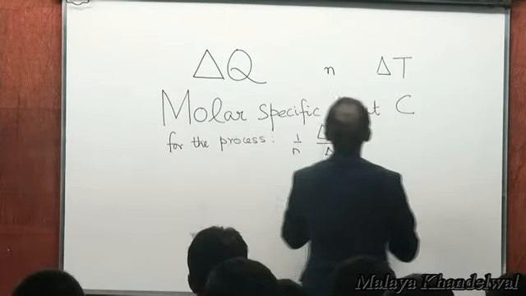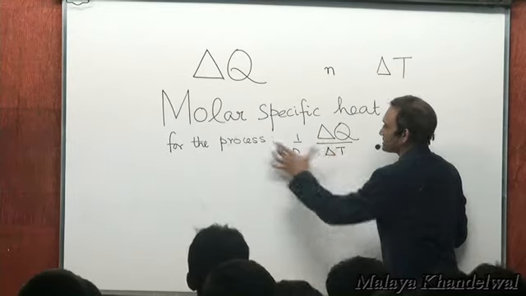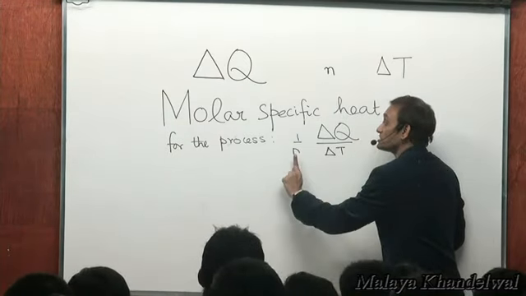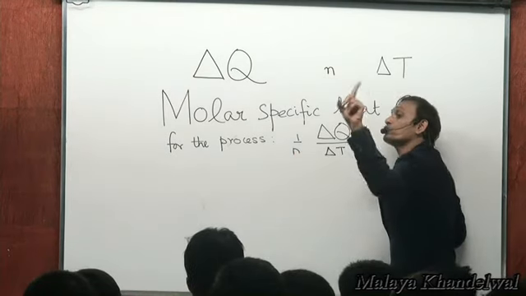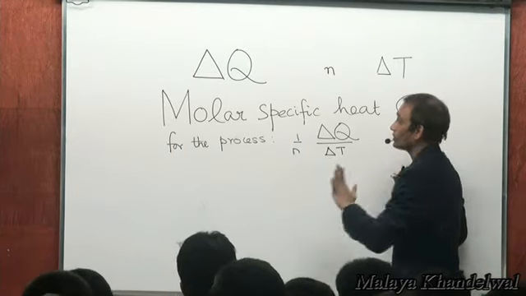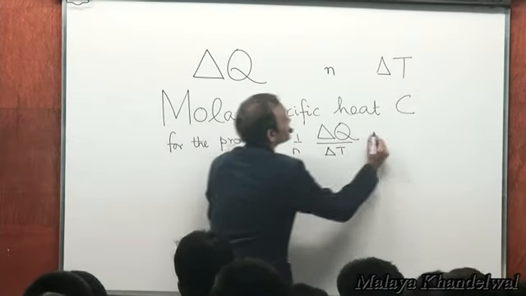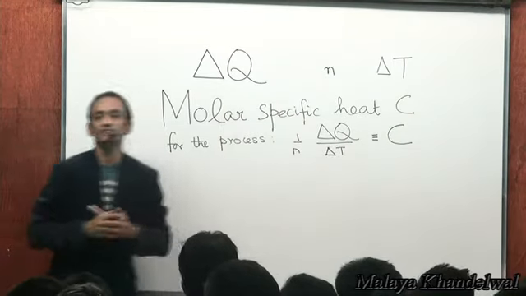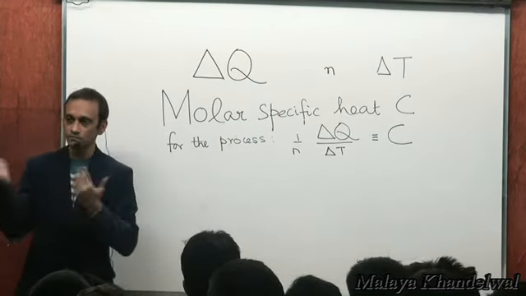This entire expression represents the amount of heat required to raise the temperature of 1 mole by a unit degree. Yes or no? This entity is called C, the molar specific heat for the process.